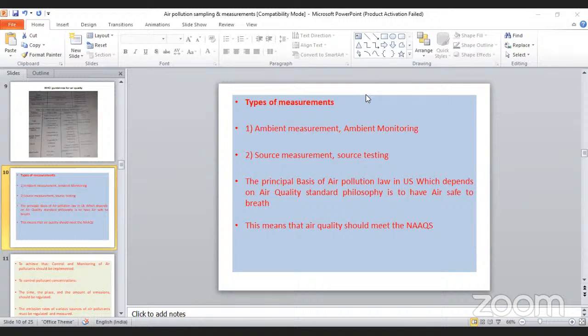Gravimetric analysis refers to quantitative chemical analysis by weighing of a sample, usually of a separated and dried precipitate. Okay, so this is not a very complicated method.